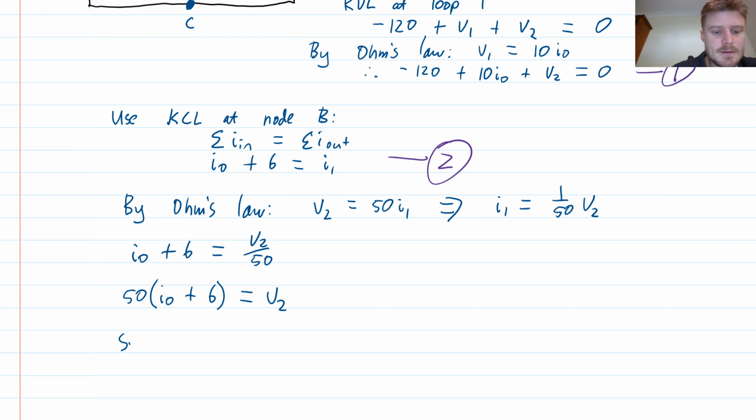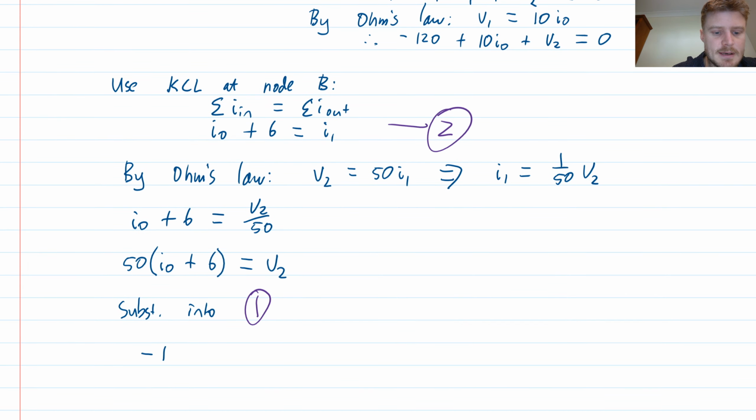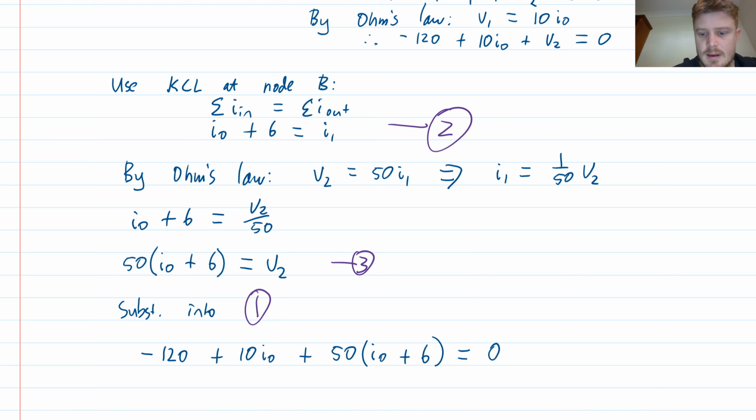I'll call it equation 3. Using equation 3 here gives me minus 120 plus 10 I0 plus 50 times I0 plus 6 is equal to 0.